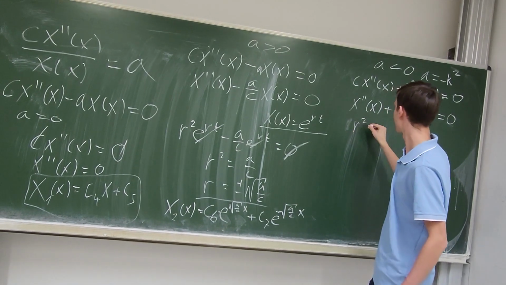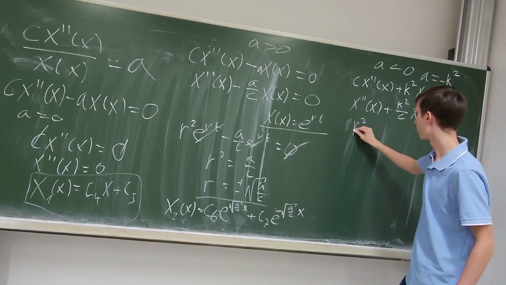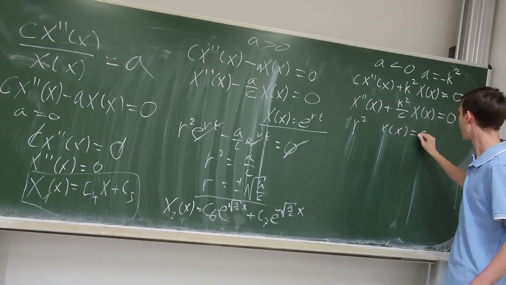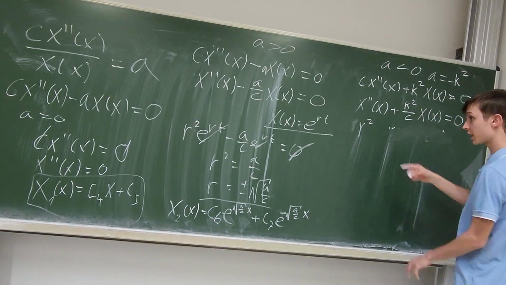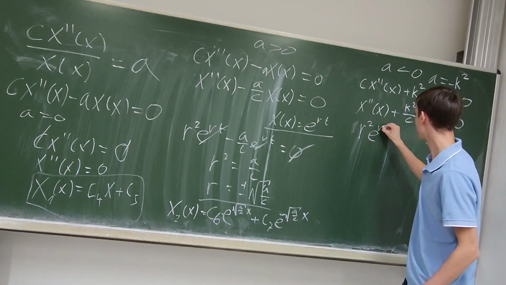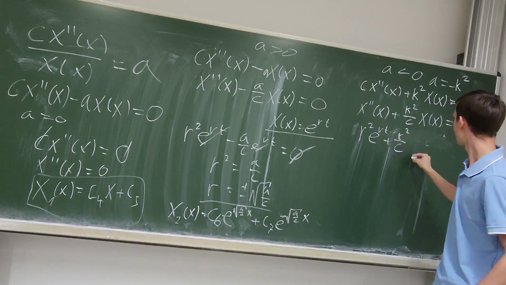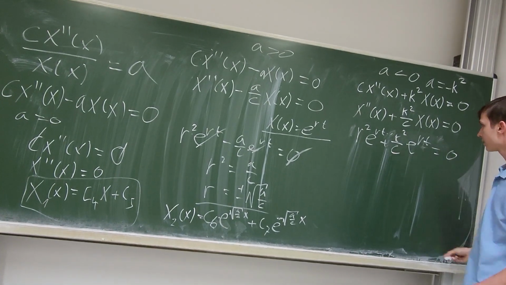This simplified way of looking at it. So this expected solution x of x is e to the rt. What it will give is r squared, just like was here, r squared e to the rt plus k squared over c times e to the rt, like this.